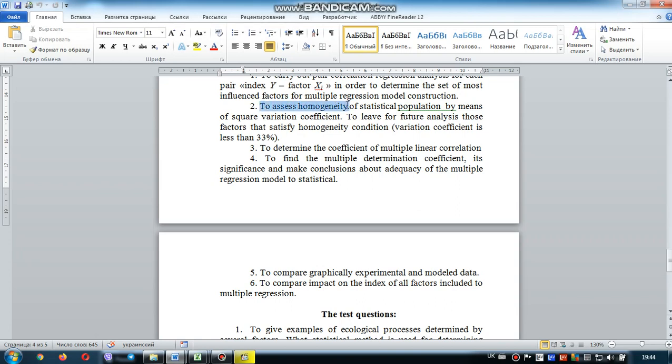To estimate the homogeneity of statistical population.